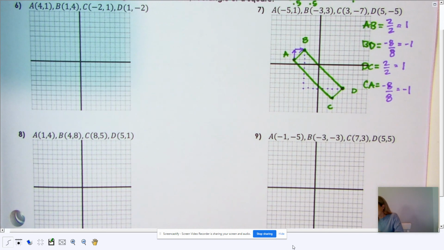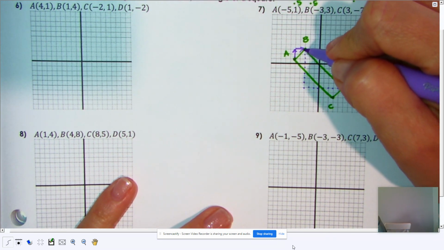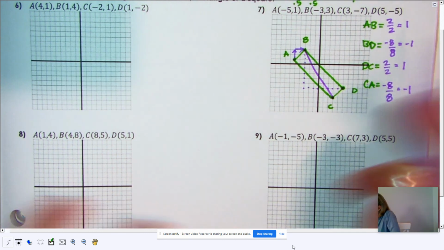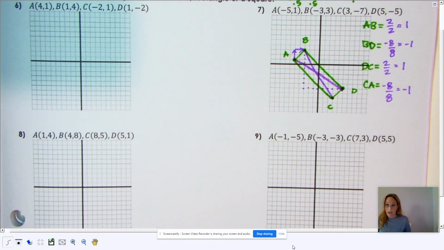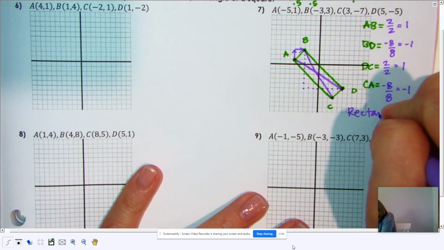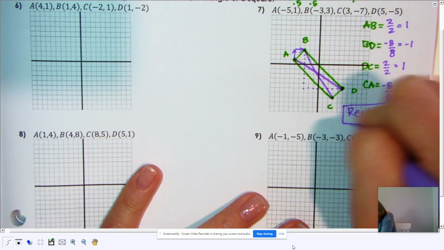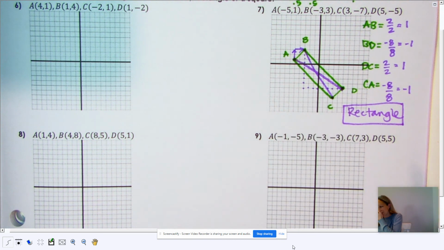And then I would just need to find the slopes of the diagonals from B to C and A to D. Those clearly are not going to be perpendicular. So I know that this is a rectangle. I can see this little side is not going to be equal to that side.